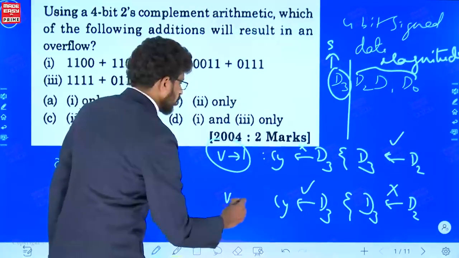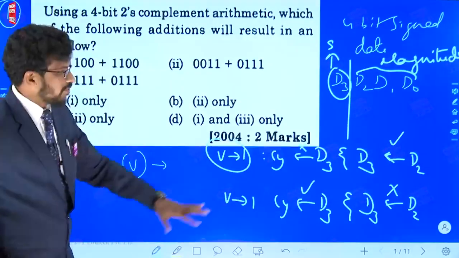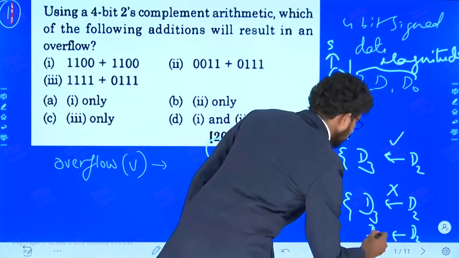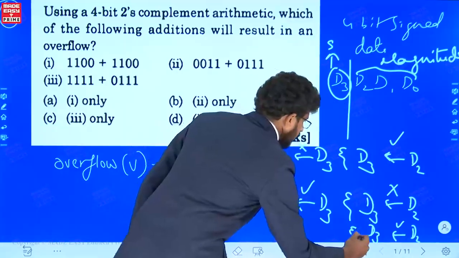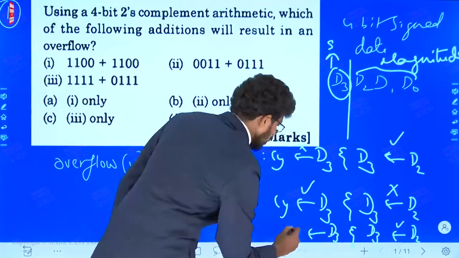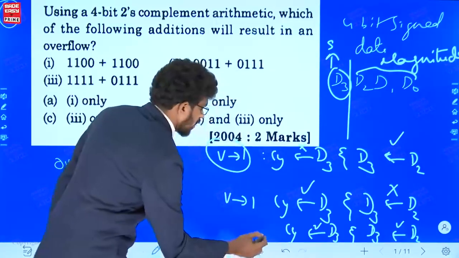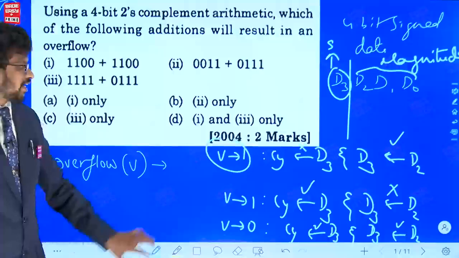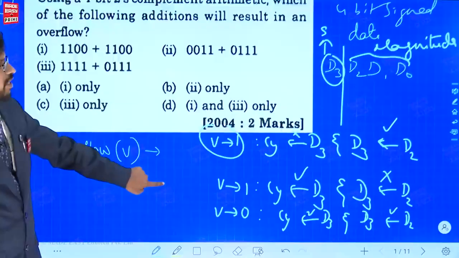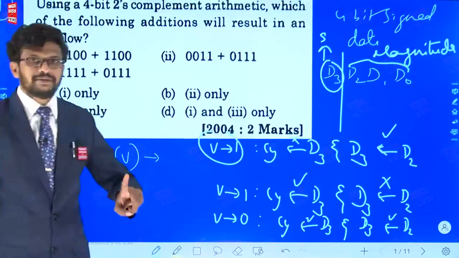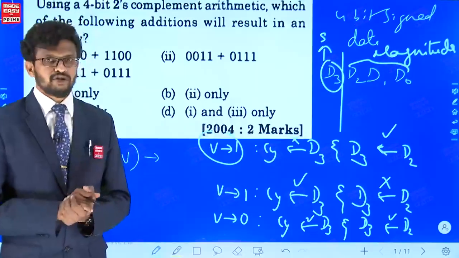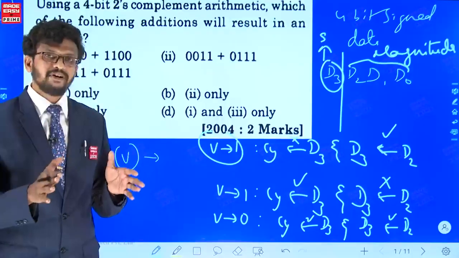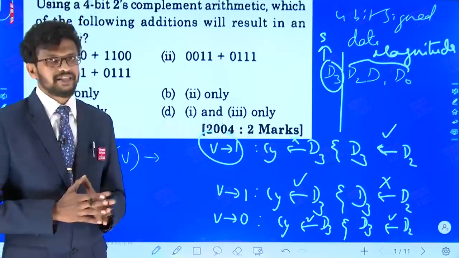Then also we say overflow is 1. If both of them occur, like if D2 to D3 carry is present and D3 to carry is also present, then we say that overflow is 0. In short, overflow will occur when we perform an addition operation and the numbers have the same sign. That is one condition.